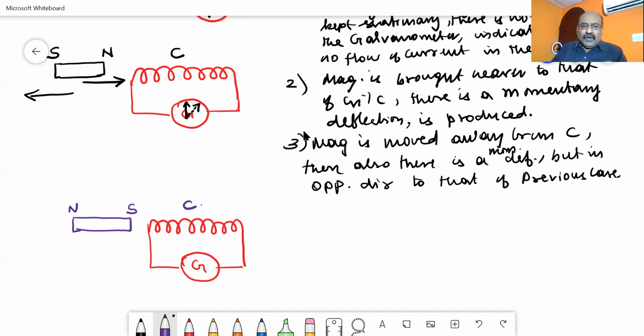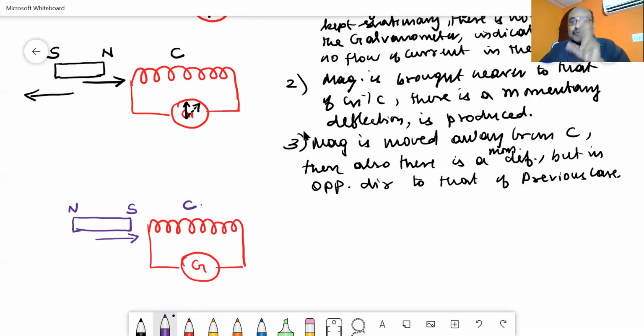Now also, when the magnet and the coil are kept stationary, there is no deflection. But if the south pole of the magnet is brought nearer, then you can observe a momentary deflection in the galvanometer, which is just opposite to the direction of deflection when the north pole is brought in.